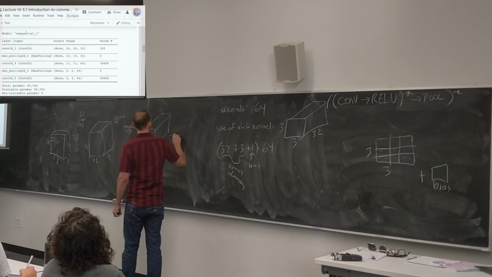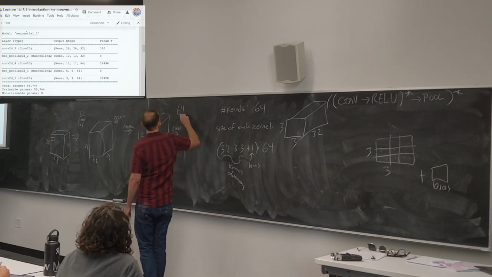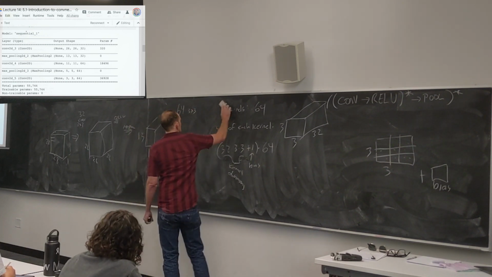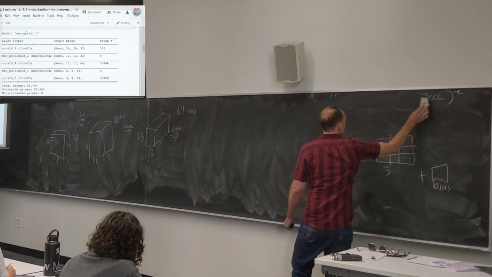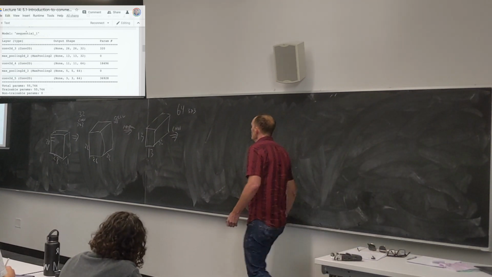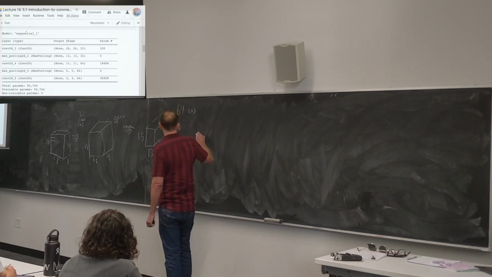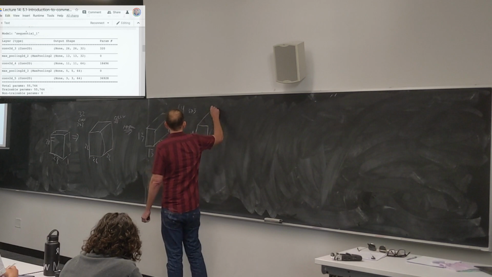And then we take that to another convolution with 64 3 by 3s. Since we don't have any padding, it takes us to 11 by 11 by 64.